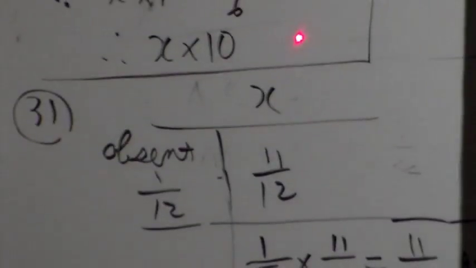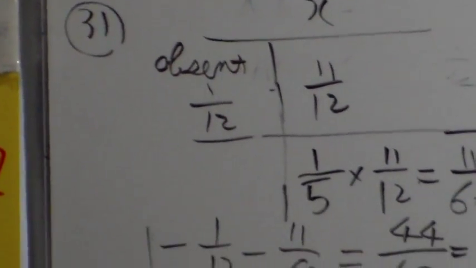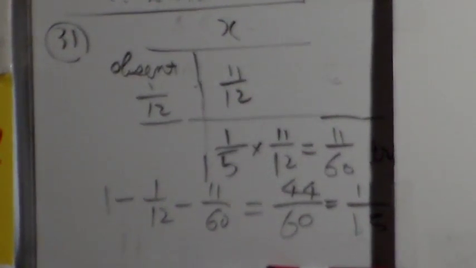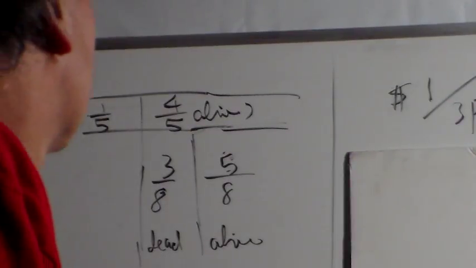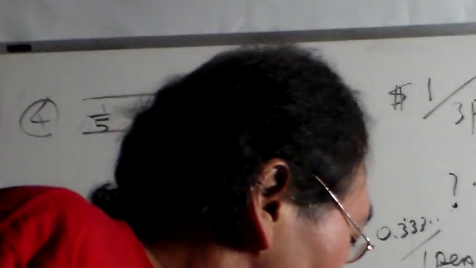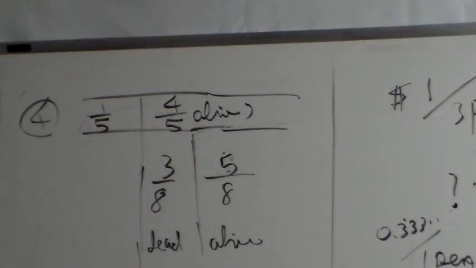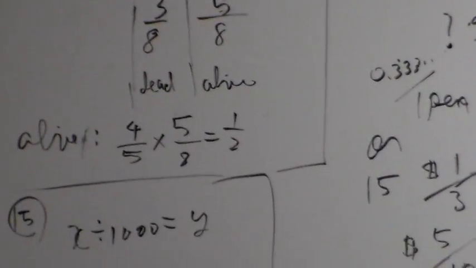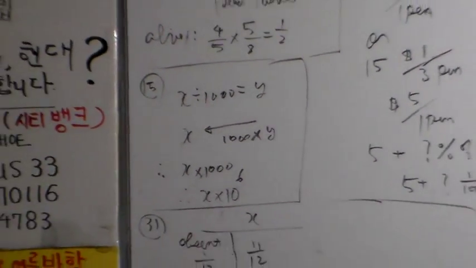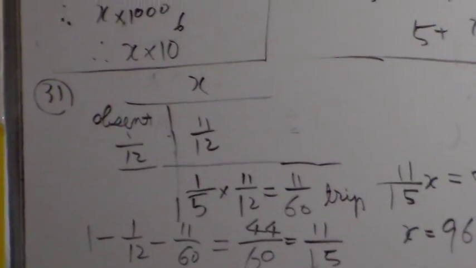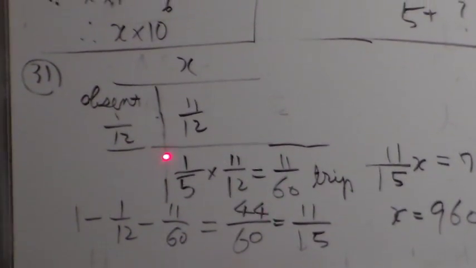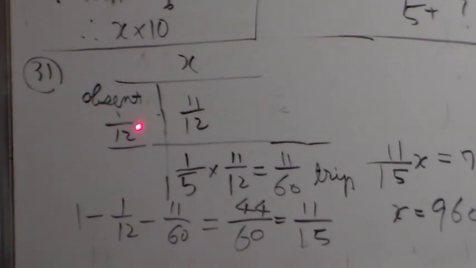Then next one is number 31. In Centennial High School, on the day, absent is 1/12.